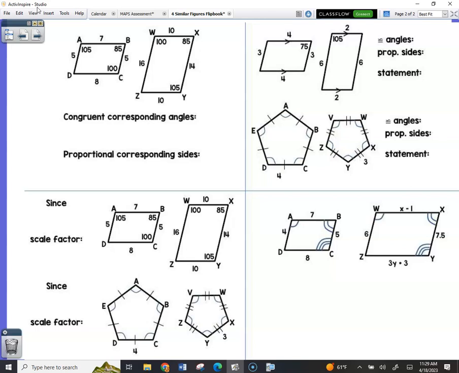So, do we have enough info to find D and Z? Yes, we do. Do you remember how many degrees are in every quadrilateral? 360. Yay! Take those 3 and subtract them off 360, and you'll get the missing angle measure. And I think you find it to be 70.